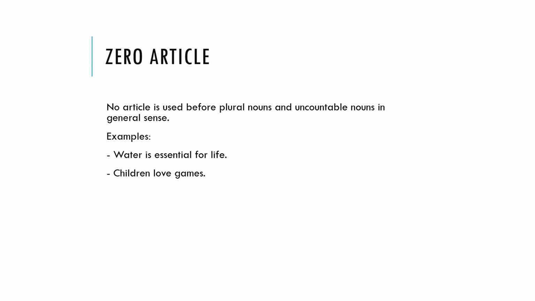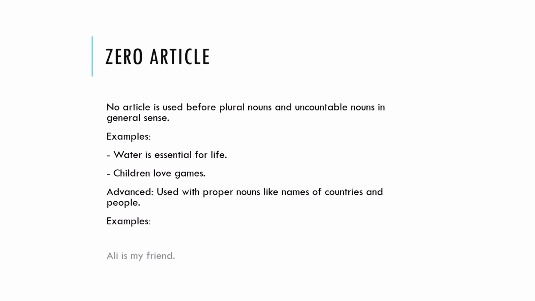And water is essential for life: water is an uncountable noun. Now, for names of people and in many countries, we do not use an article. For example, Ali is my friend. Pakistan is beautiful. Remember, general ideas often do not use articles.